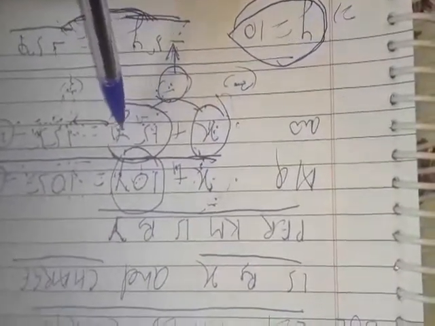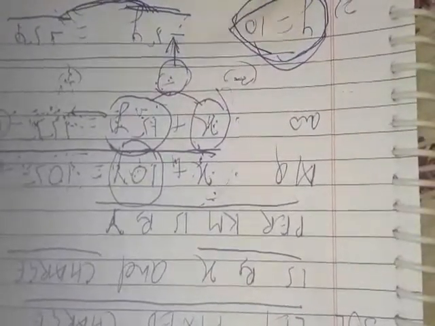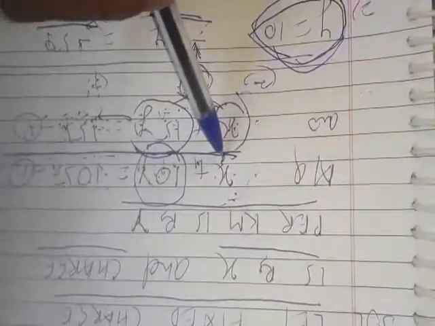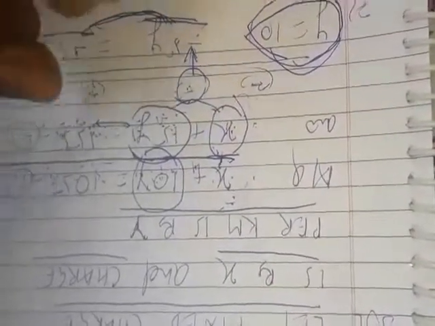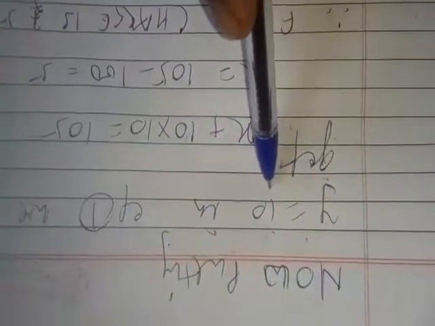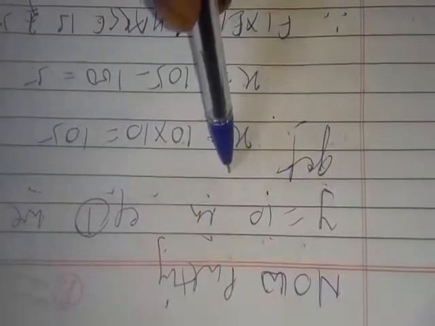It means that we obtain the value of one variable, Y is equal to 10. Now to find out the value of the other variable, we can put Y is equal to 10 in either of the equations to get the value of X. Now putting Y is equal to 10 in equation 1, we get X plus 10 into 10.